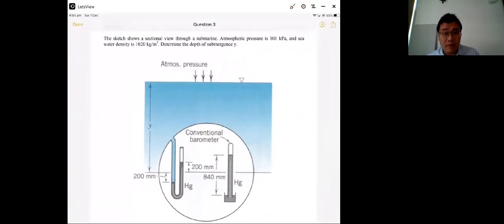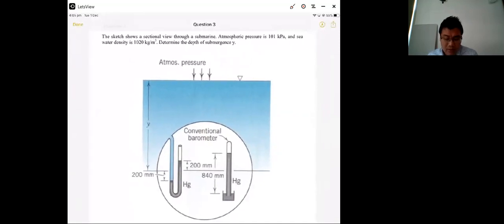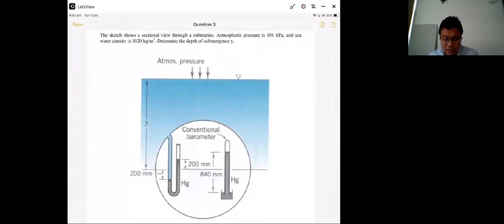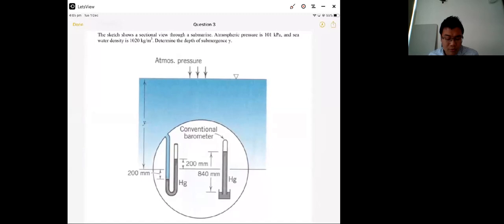You have a system as shown on the screen, a sectional view through a submarine. The atmospheric pressure is 101 kPa, and the seawater density is 1020 kilograms per meter cubed.